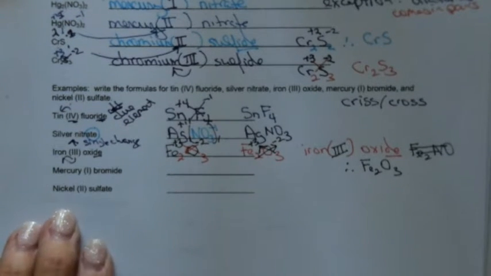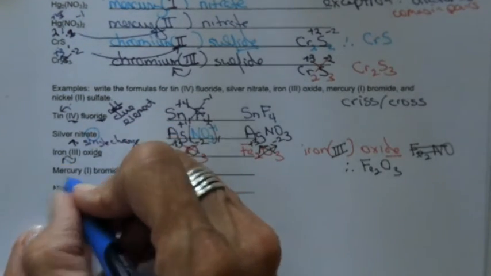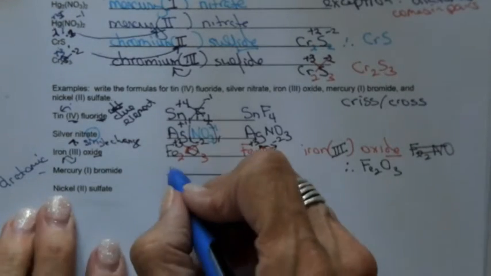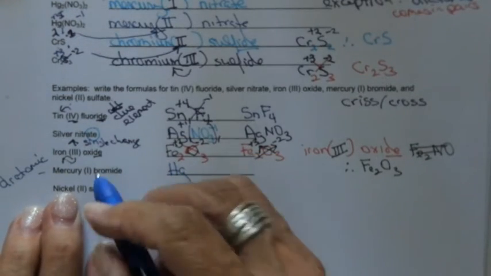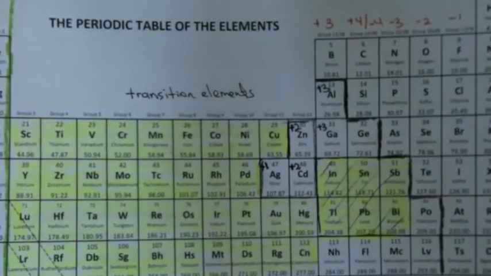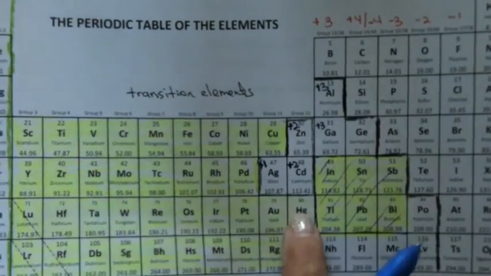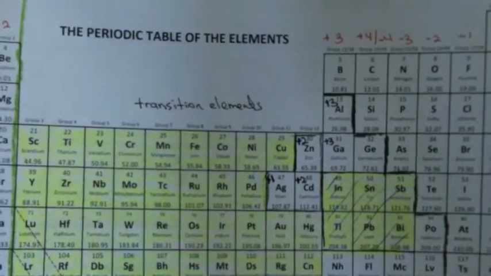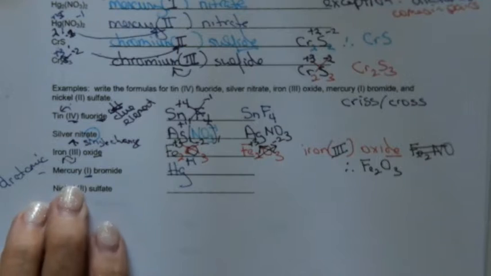All right, mercury I. Remember, my mercury I's are diatomic. I will never use this on a test. Mercury is Hg, and in this case it says +1. Mercury is right there, transition, and I have its charge.